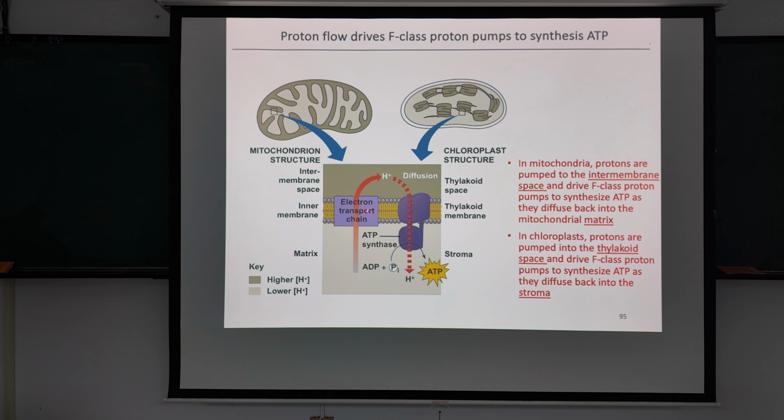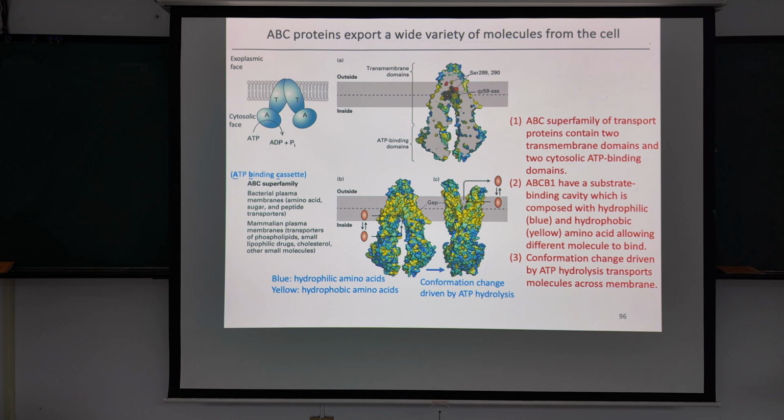They will either localize to the inner membrane and use the electrochemical gradient from the intermembrane space to the matrix to generate ATP, or in the chloroplast, the ATP synthase localizes to the thylakoid membrane, and the proton concentration will be higher in the thylakoid space compared to the stroma. You use this to generate more ATP. Okay, so this will be the F-class proton pump.